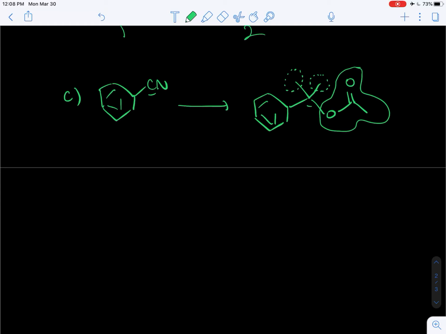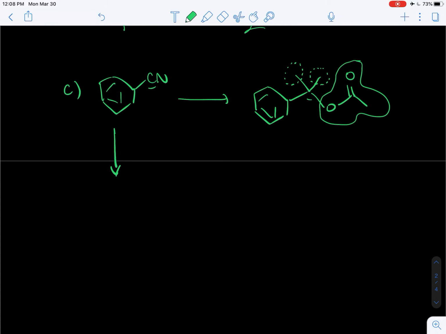Two R groups. There's a couple of different things we could think about. One is to just treat this guy here, this nitrile, with a Grignard reagent. And we do water workup, remember?